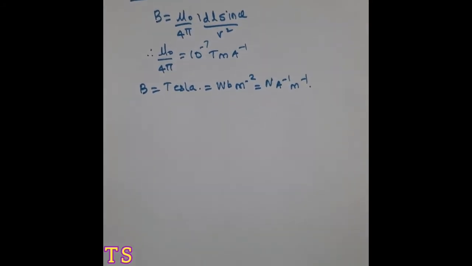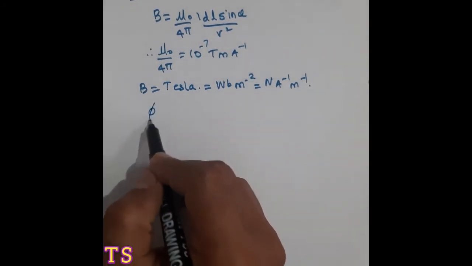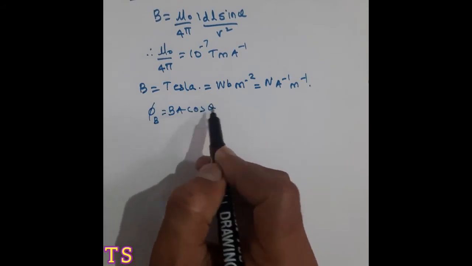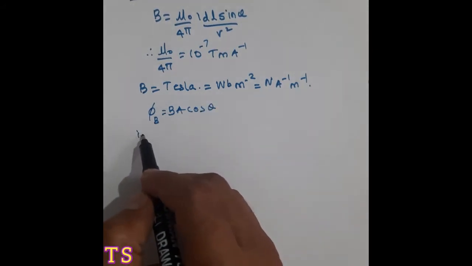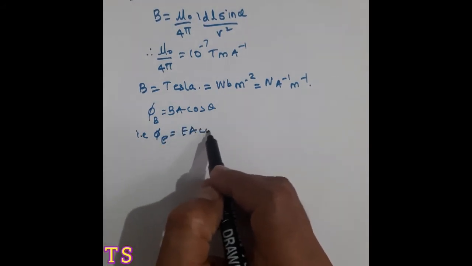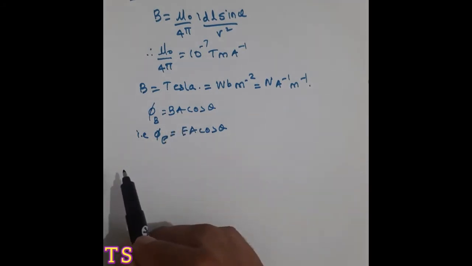For that we need to know certain formulas. We know that phi of B equals BA cos theta, just as we already know that phi E, that is the flux, is EA cos theta. The same thing I apply for a magnetic field, which is BA cos theta.